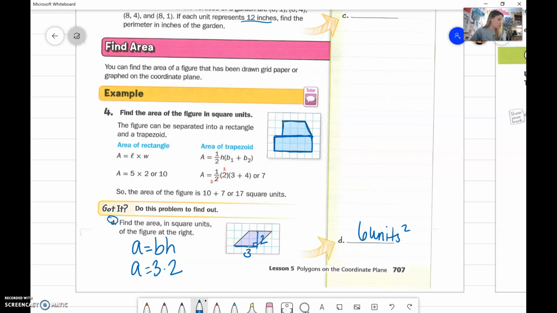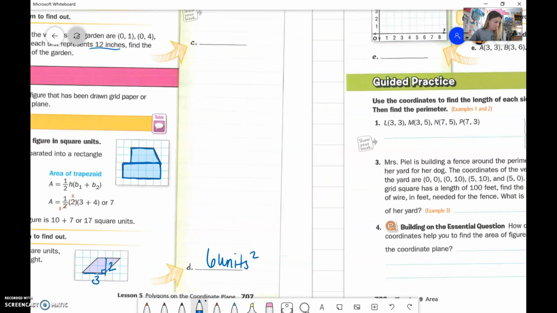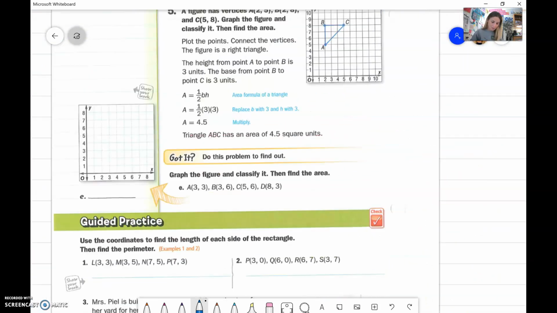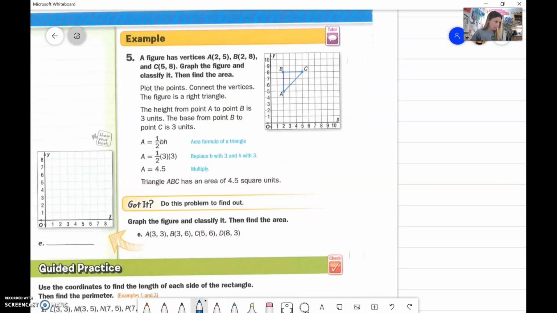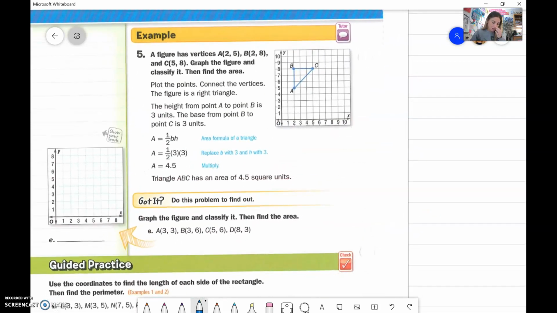Some of them are going to have to be broken up, and we'll practice some of those on some of the other pages. Okay, let's take a look at this example up here. Here's a figure, and they made a triangle. So now we need to use our area: area equals 1/2, or 0.5, times my base, 1, 2, 3, and my height, which makes that 90-degree angle, 1, 2, 3.